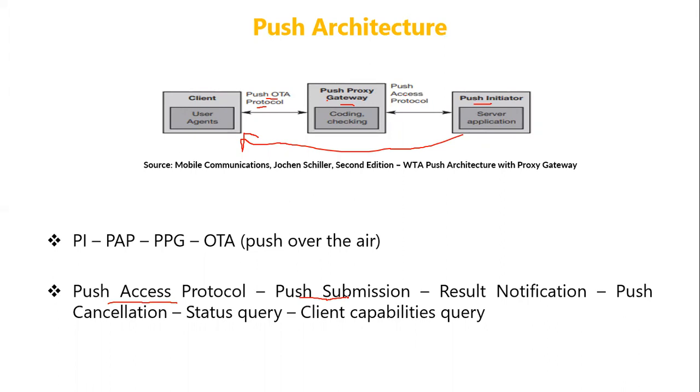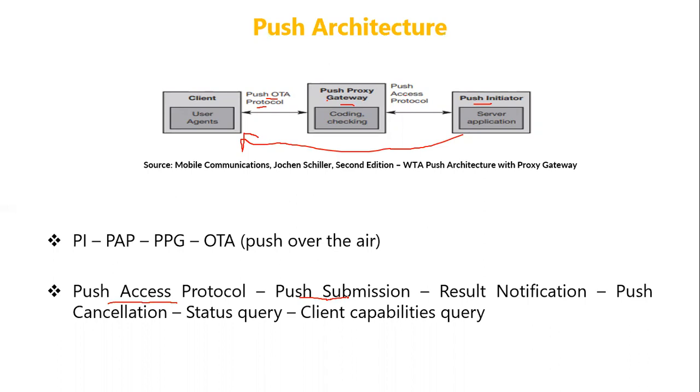The other operation it does is result notification. The PPG notifies the PI. The result notification comes from the PPG to the PI about the result of the push request. So all these are the operations done by the push access protocol.